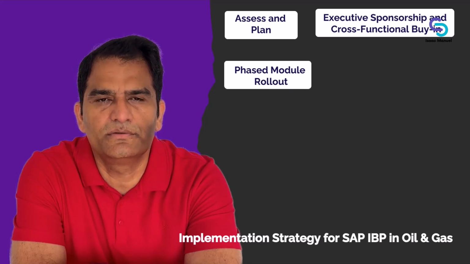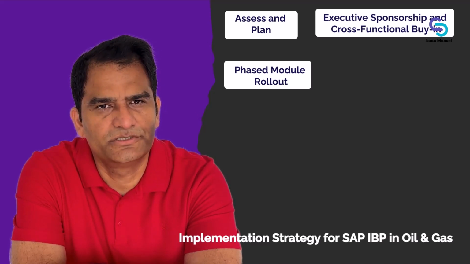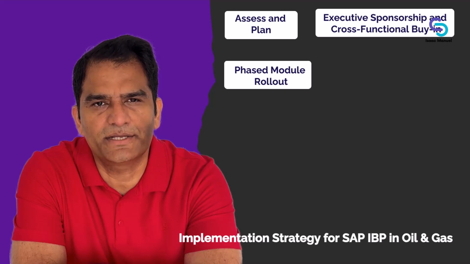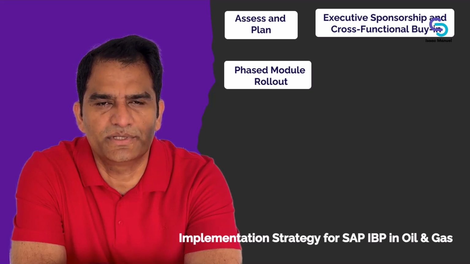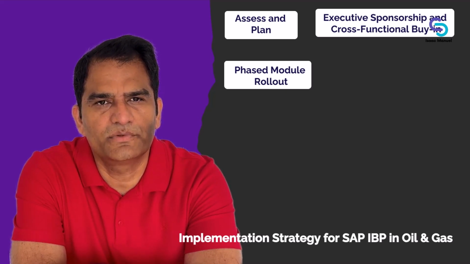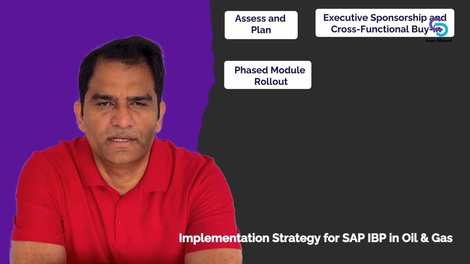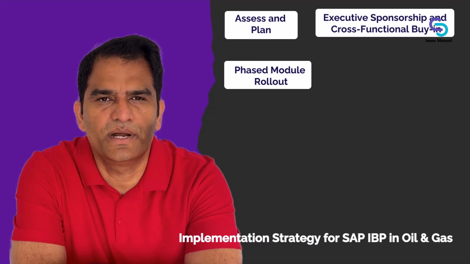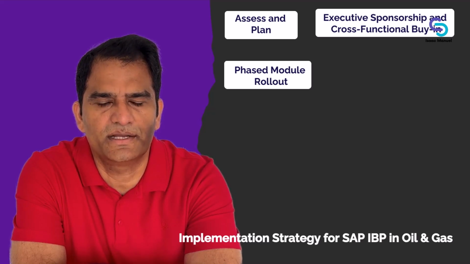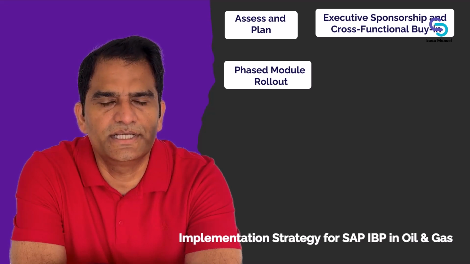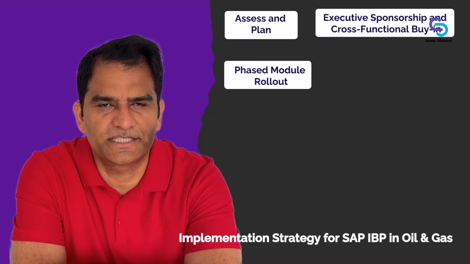Then comes phased module rollout. It's often effective to implement IBP in phases rather than a big bang. Many oil and gas companies start with IBP for demand and S&OP to get a reliable consensus demand plan and a basic supply review process running. This lays the foundation of a monthly planning cadence.